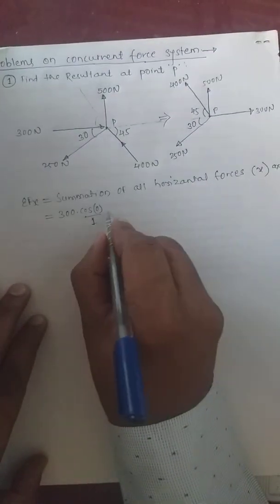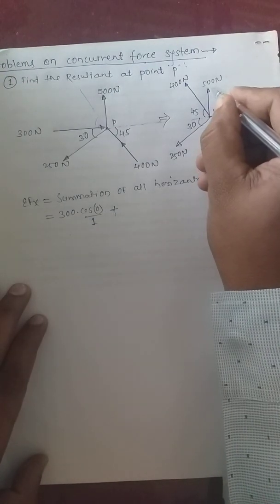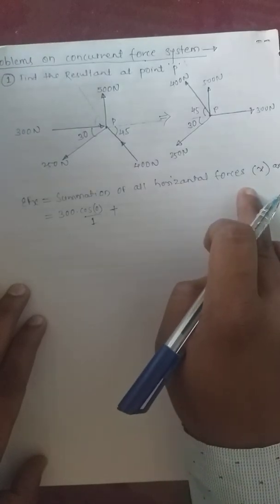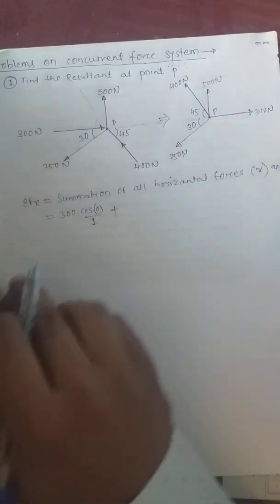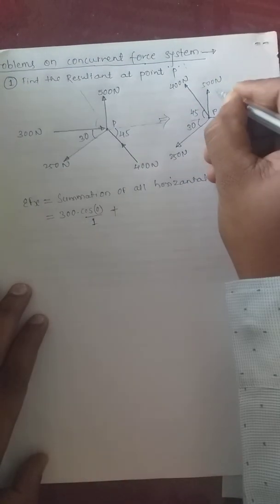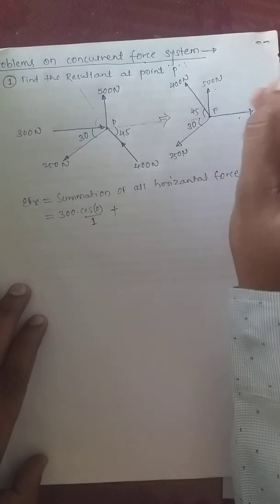Next, summation means addition, so plus 500 Newton. The 500 Newton is exactly on the y-axis, so we will not consider it while calculating the summation of all forces along the x direction, because we'll consider this 500 Newton at the time of summation of F of y. So this equals 0.